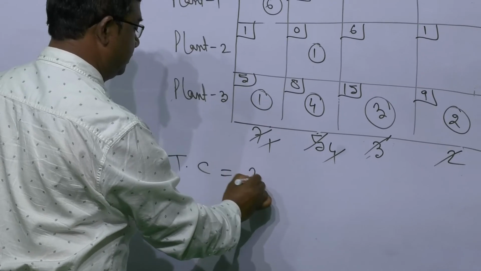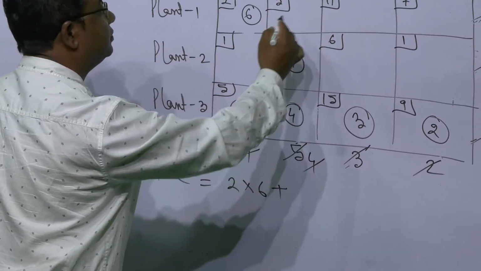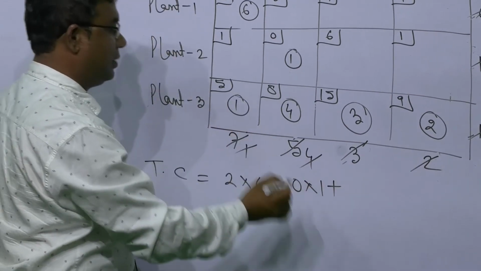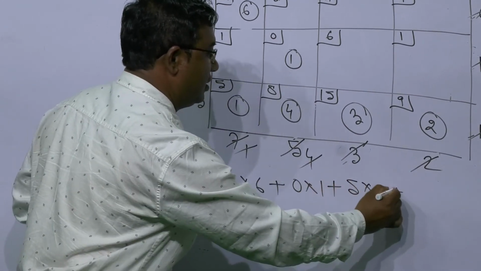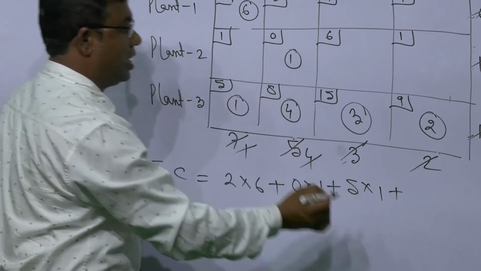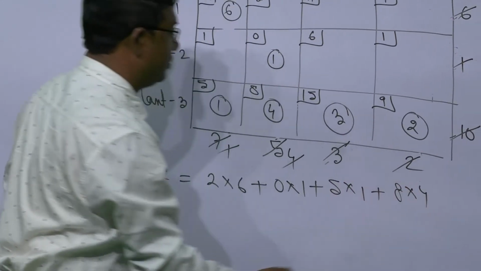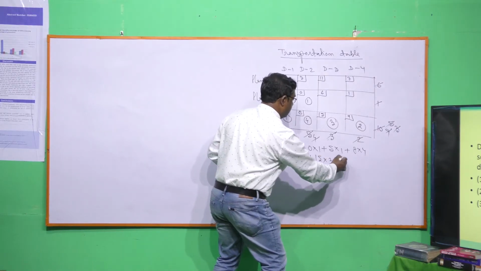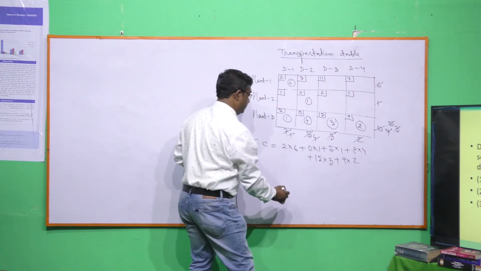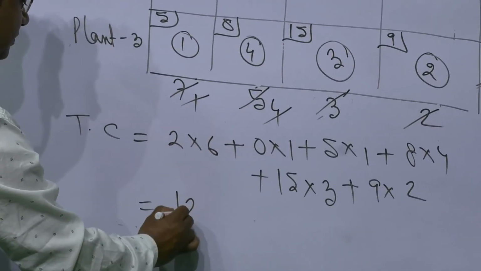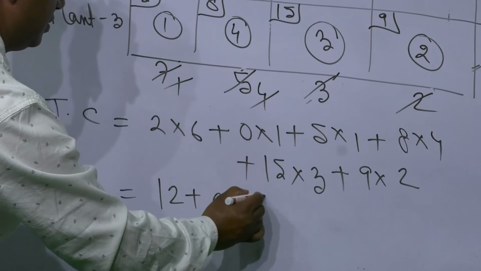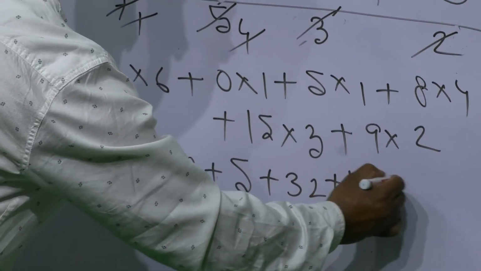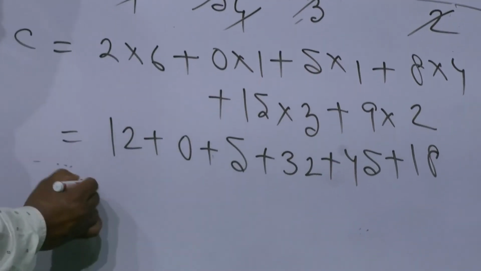So now you calculate the transportation cost. 2 into 6, 0 into 1, 5 into 1, 8 into 4, plus 15 into 3, 9 into 2. So this is 12, this is 0, 5, 32, 45, 18.